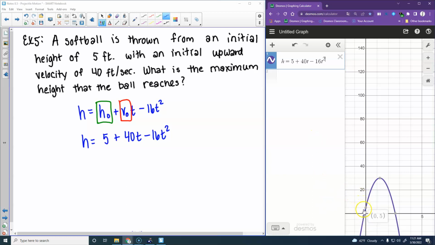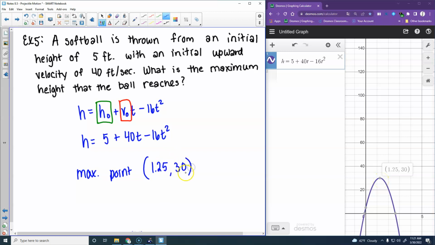If they ask us how long it would take to hit the ground, it'd be 2.619. But that's not what it asked us. It asked us the maximum height. So I've got 1.25, comma 30. So the maximum point, if I write down both of those, it's 1.25 and then 30.